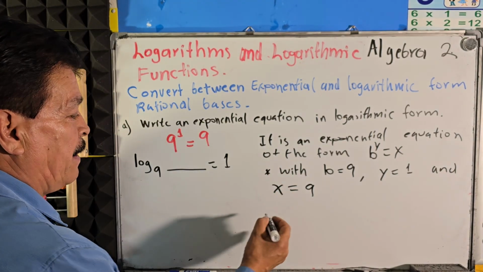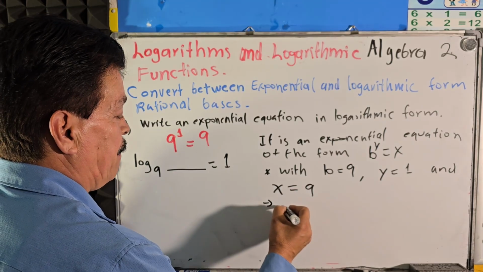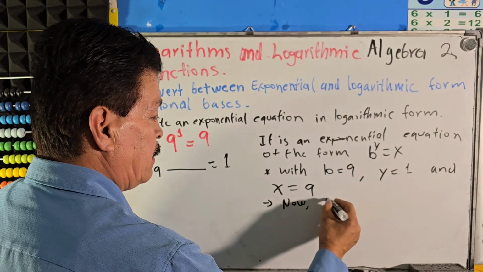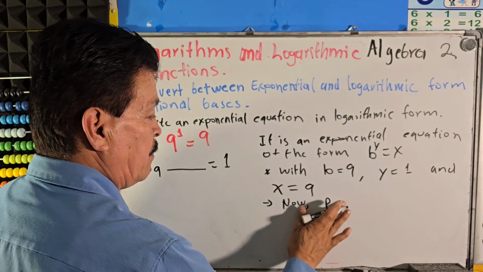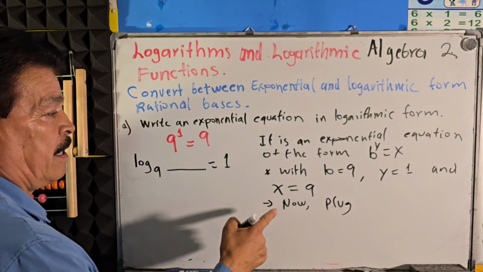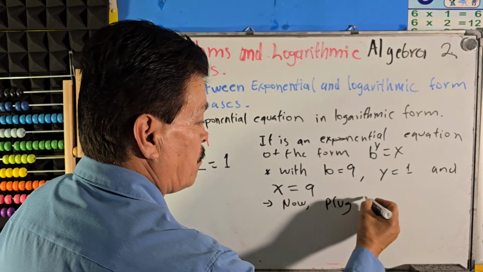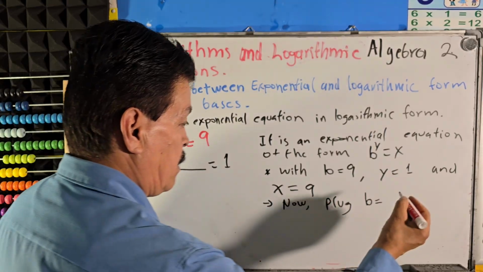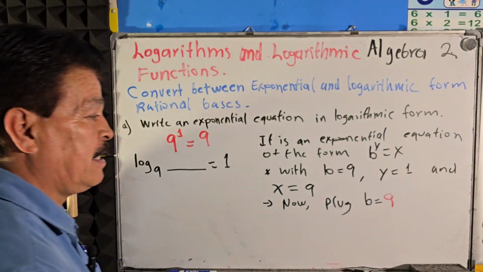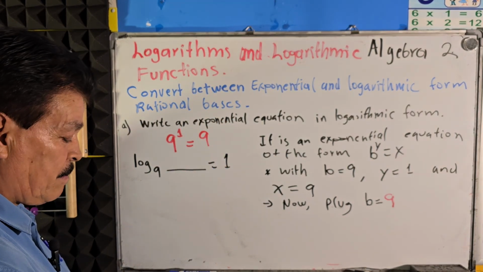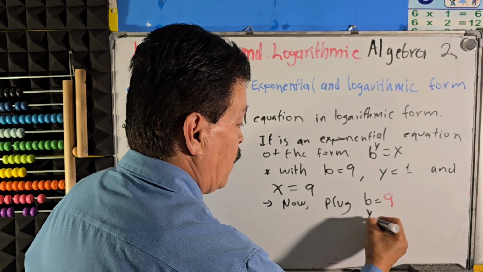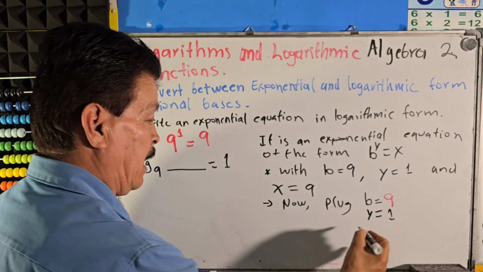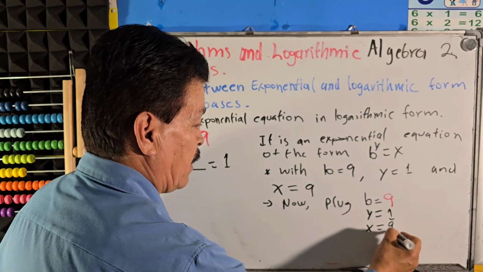Now the next step: you have to plug in. b equals 9, y equals 1, and x equals 9.